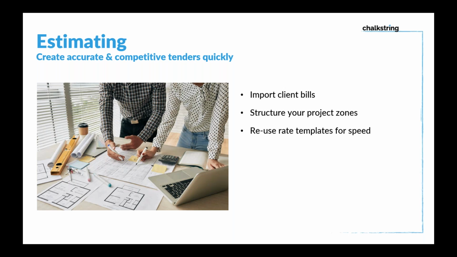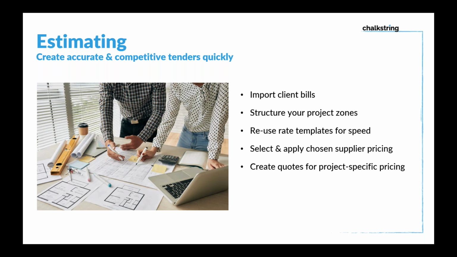You can reuse your own specific templates to save you time. So if you're doing a repetitive bit of work, you can pull in a template and reuse it to save you creating rate build-ups from scratch. You can choose who your suppliers are and apply their pricing to the project, because the software will know all your different supplier prices.